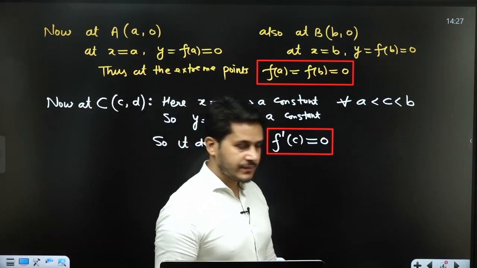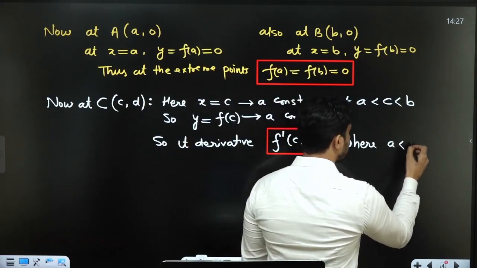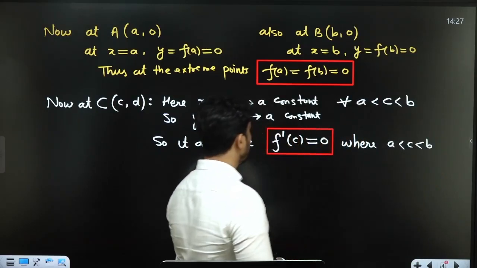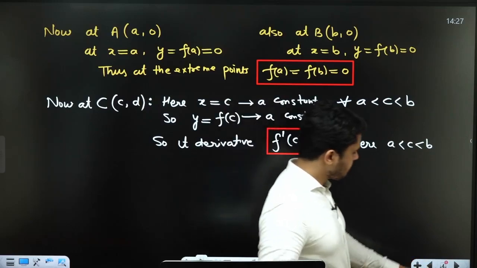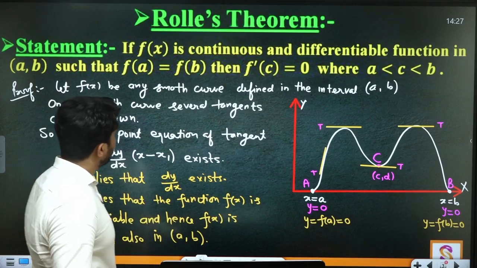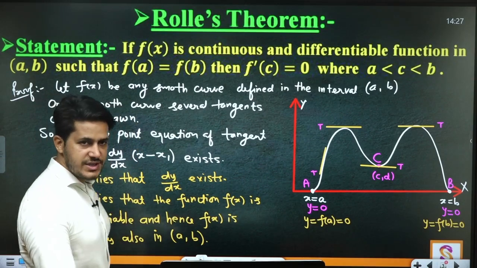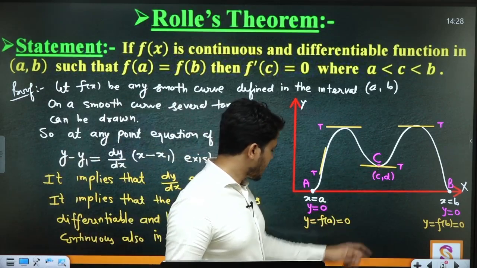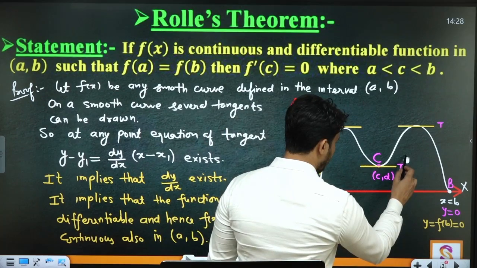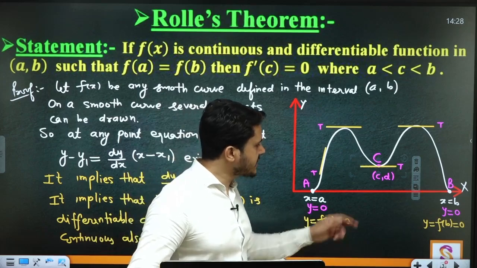In this way, it is very important to write a less than c less than b. So in this way you can prove the fundamental statements or the parts of this statement of Rolle's theorem, that f(x) is continuous and differentiable, with the help of the equation of tangent at the point c. At the point c, this line is just parallel to the x-axis.